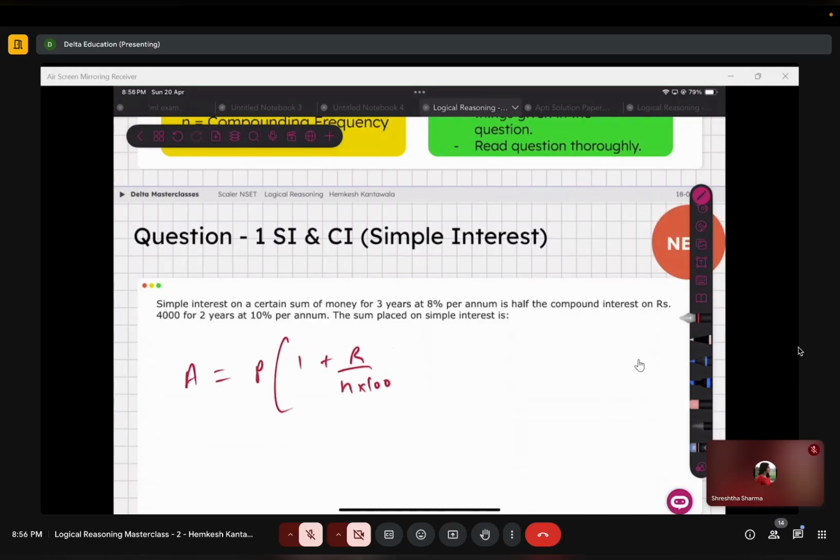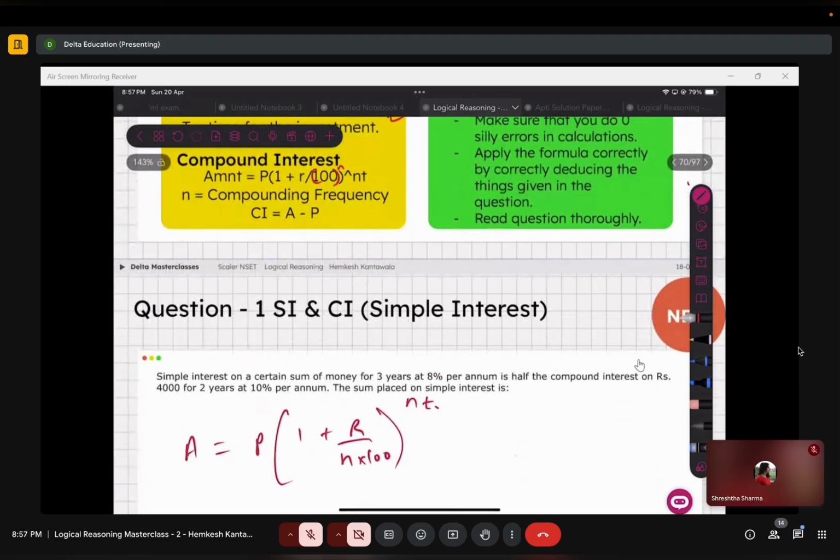I'm telling what is N. This N is how the money is compounded, like when interest is calculated. If it is half yearly, then N is 2. If it is quarterly, N is 4. If it is compounded yearly, then N is 1. Correct? So this is the formula of amount.